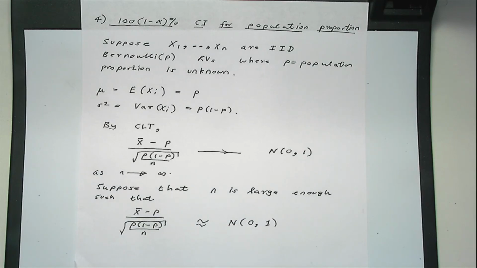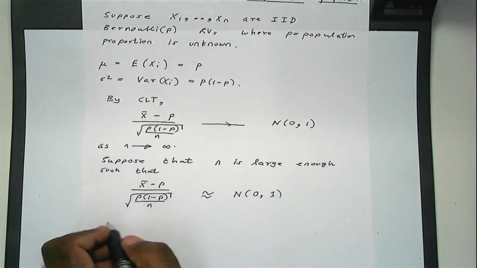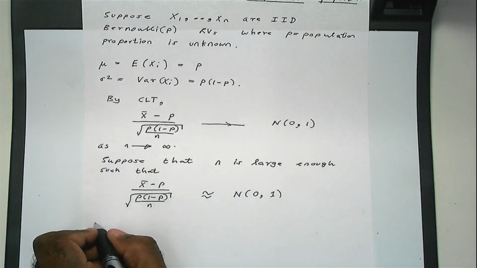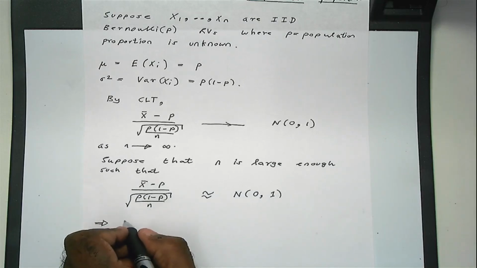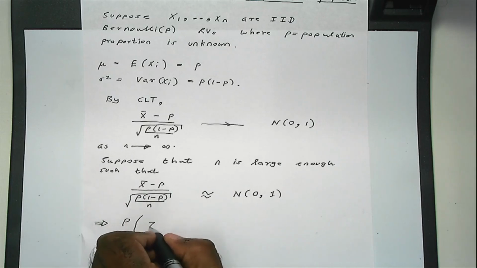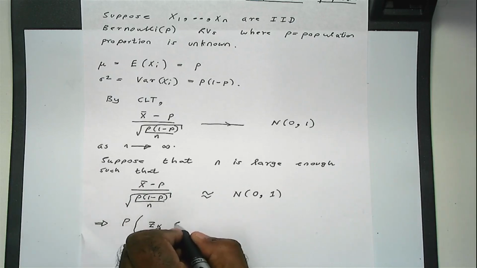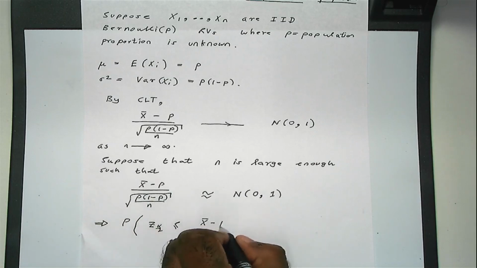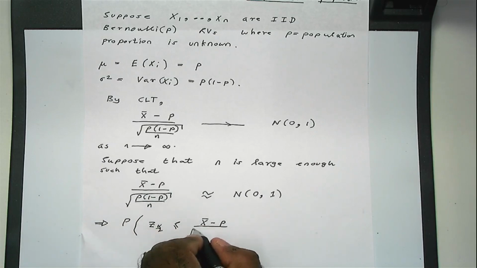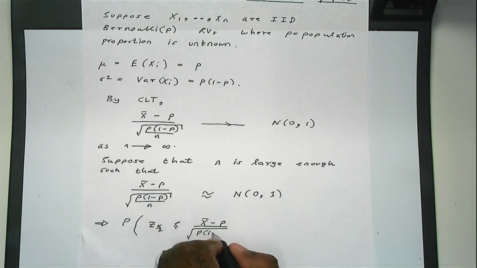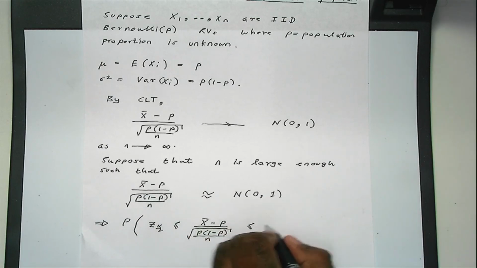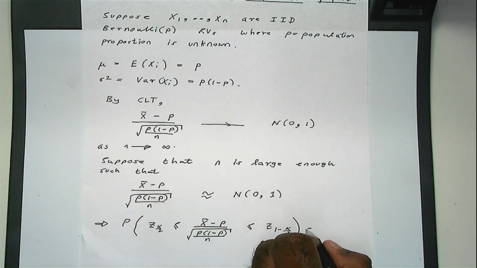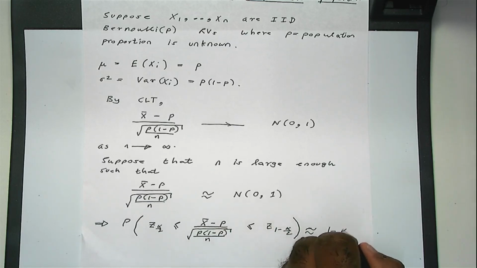So that's what I'm going to do now. So this implies that the probability that approximately equal to 1 minus alpha.